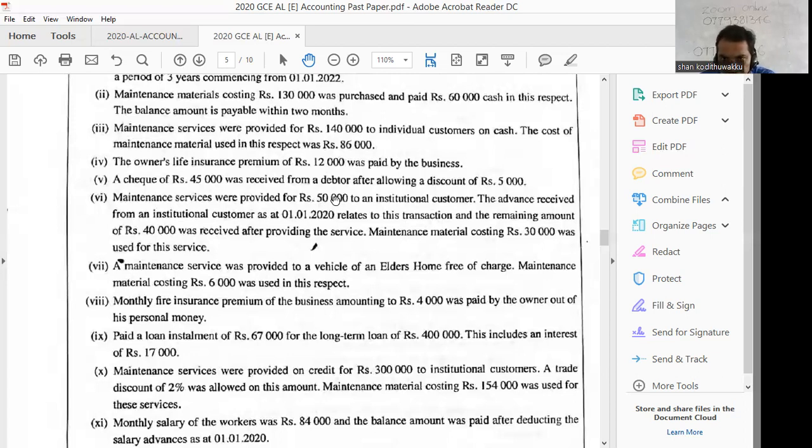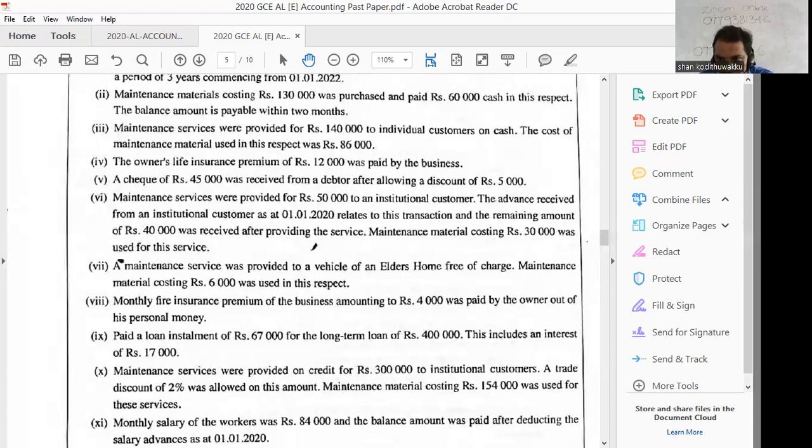Fine. For that service, they have used 30,000 worth of maintenance material. Therefore, inventory will come down by 30,000, minus 30,000. Then, advance received will come down by another 10,000. As you have got 40,000 worth of money, your cash balance will increase by another 40,000.